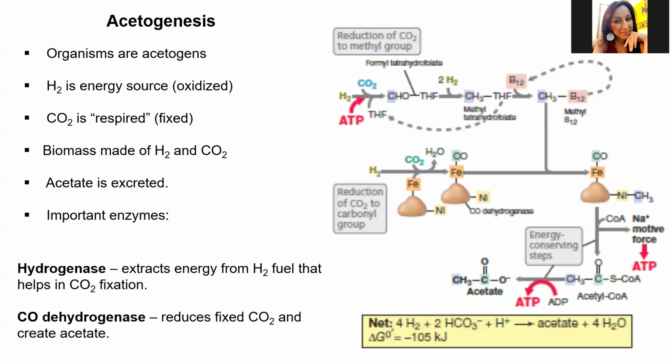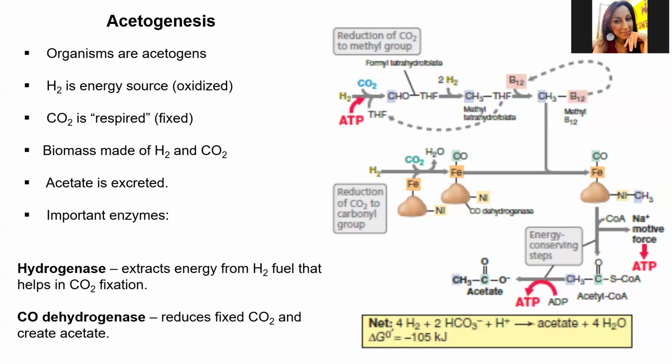Again, if you are in 311, you would be asked to know all metabolic pathways. This time, I only want you to know hydrogenase, and I will talk more about hydrogenases in special lectures later in class. But with this enzyme, the organism can take electrons from hydrogen as a fuel source.